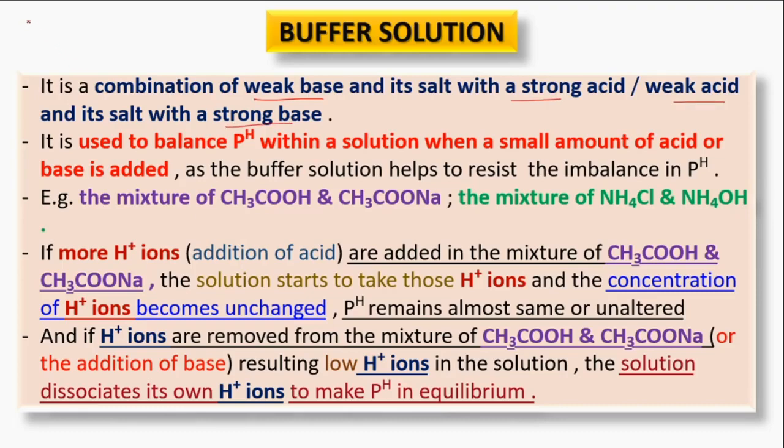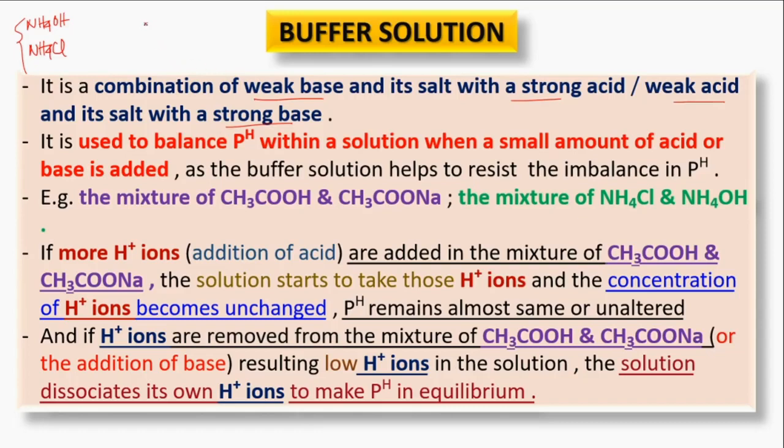Ammonium hydroxide is a weak base, and its salt, NH4Cl, ammonium chloride, is made from ammonium hydroxide and hydrogen chloride. The mixture of these two substances acts as a buffer solution.